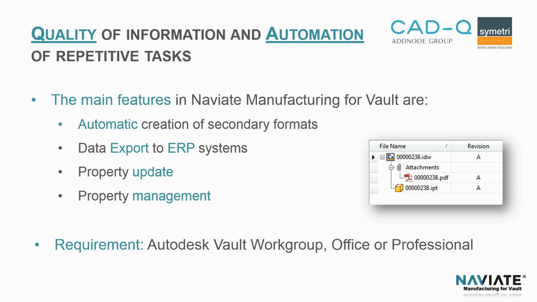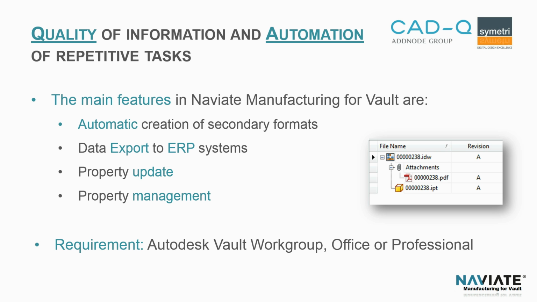And we've also seen that we can automatically create things like PDFs or DXFs on release of the files or manually as we need, as well as giving us the ability to export out our bill of materials from Vault to an ERP system or to a CSV file on our network.